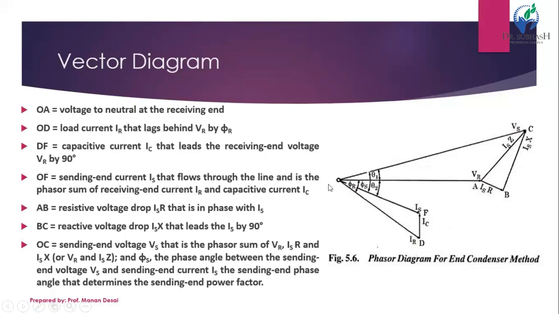OC is the final resultant vector Vs, the sending end voltage, as the phasor sum with Vr.